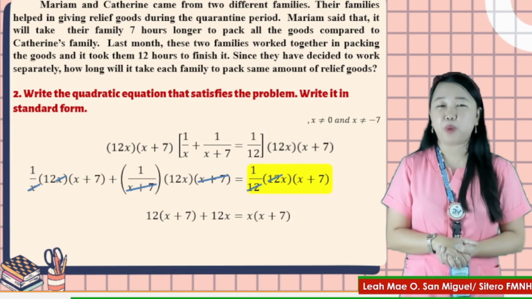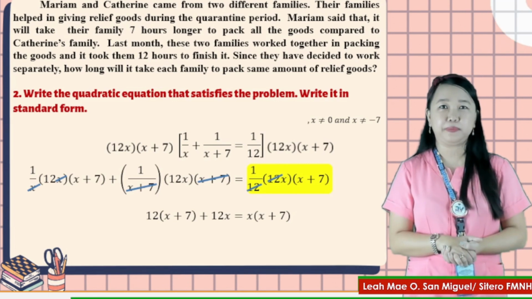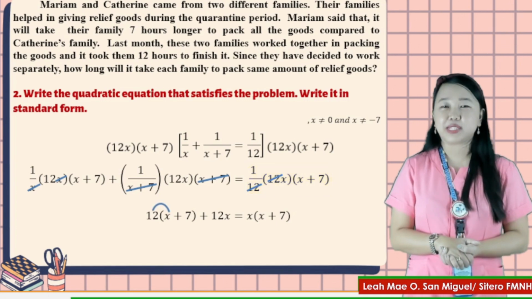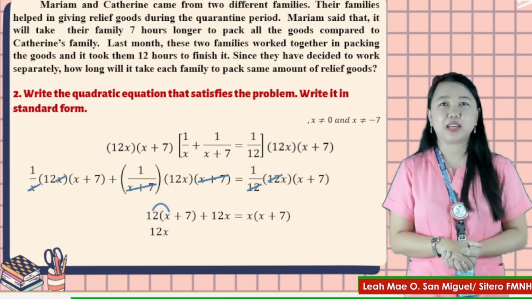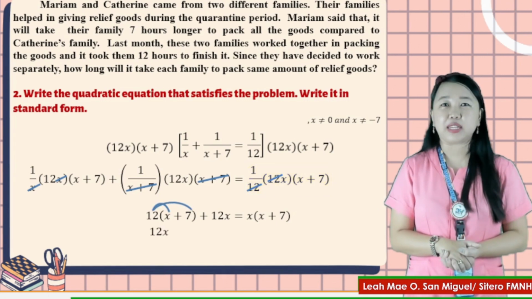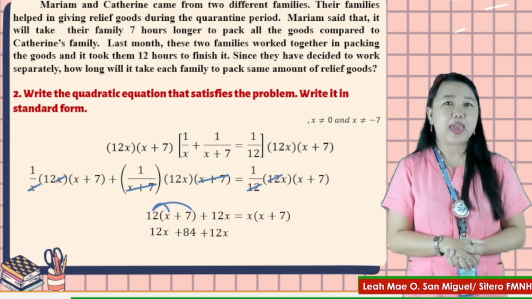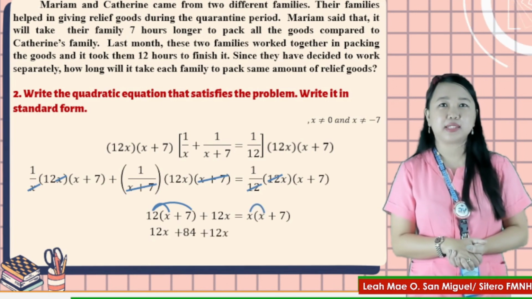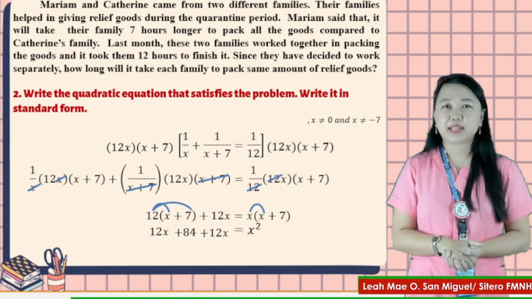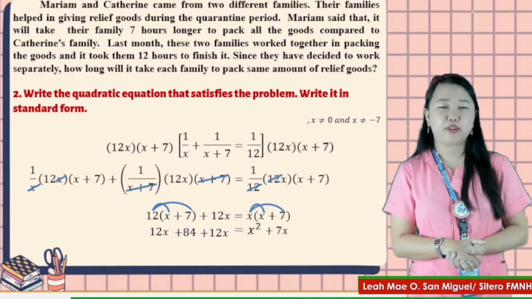Applying the distributive property of multiplication, 12 times x is 12x. 12 times 7 is 84. Write 12x. x times x is x squared. And x times 7 is 7x.